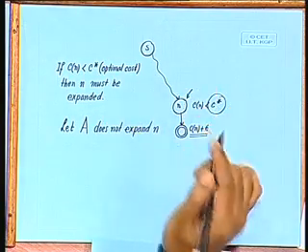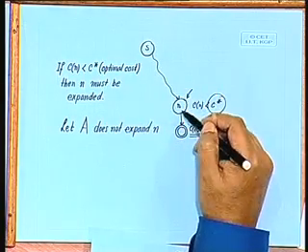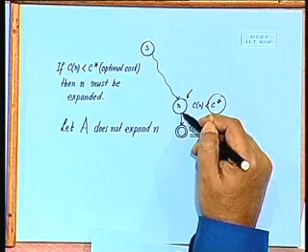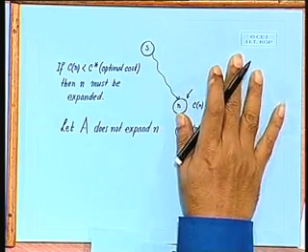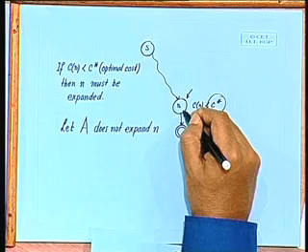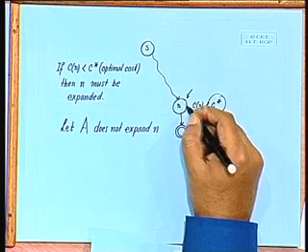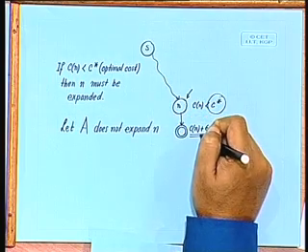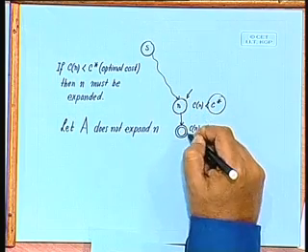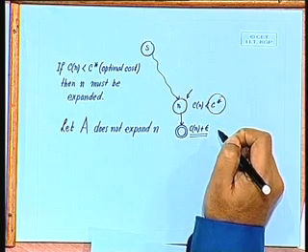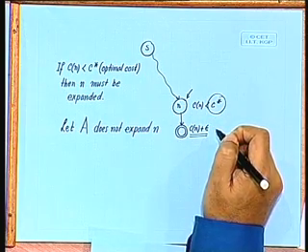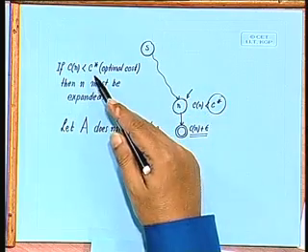Then what we can do is keep the remaining state space identical. We do not make any change to the remaining state space, except that below n we just add a goal and give it a cost which is between Cn and C star. We can always do that, because Cn is less than C star.